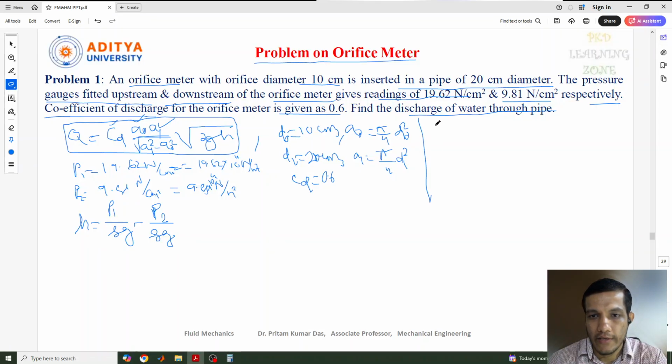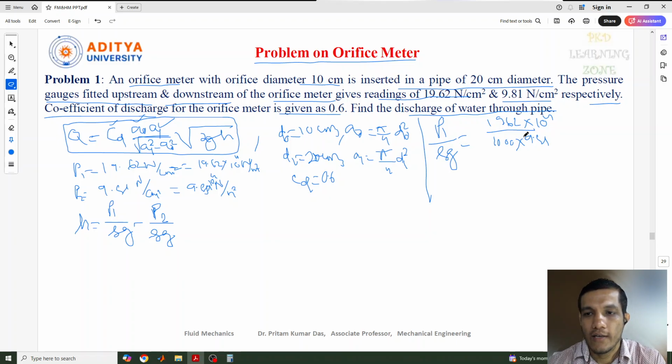So let's calculate P1 by rho g. P1 equals 19.62 into 10 to the power 4 divided by 1000 into 9.81. Correct. Here we get, mostly, very simple, 9.81 is double of this, so we'll get 10 to the power 3 cancelled, only 10 into 2, that is nothing but 20. So this is 20 meter.